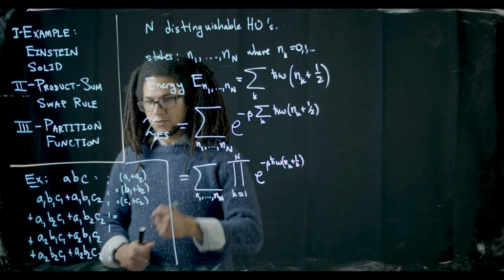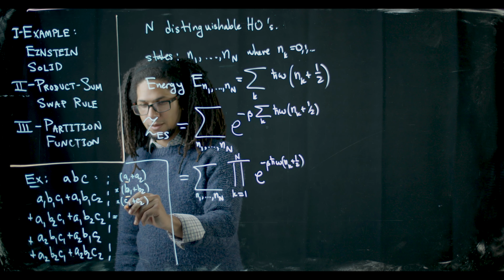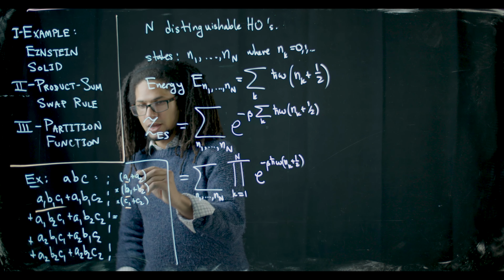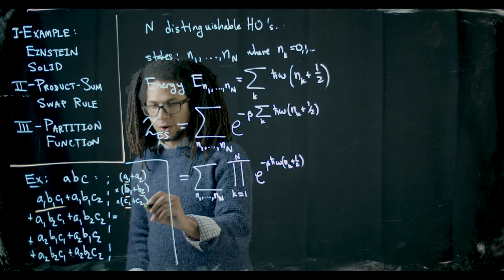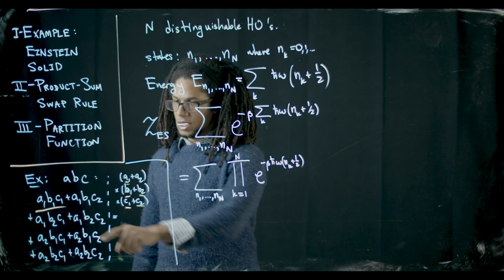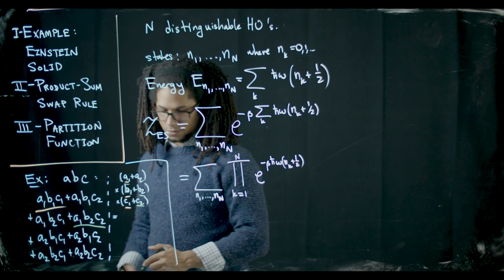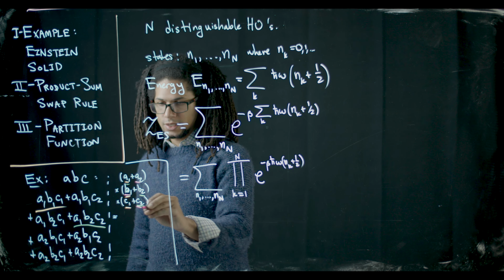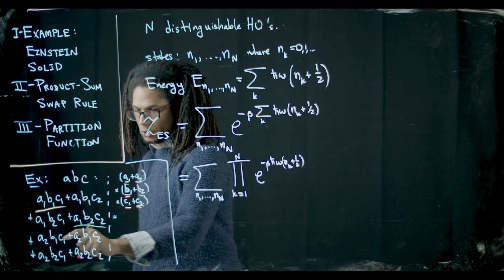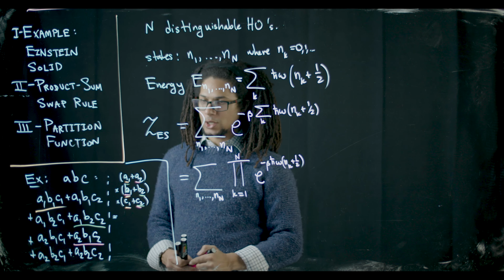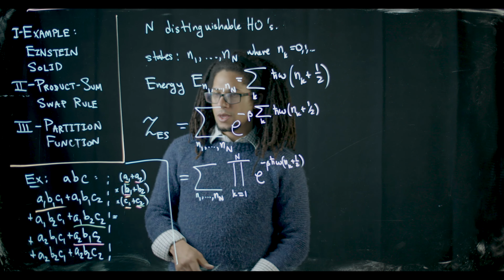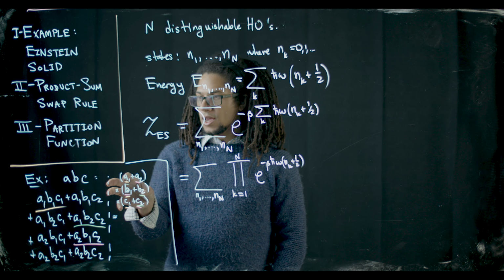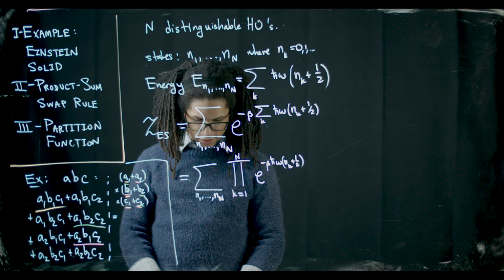So for instance, if we take the first one each time, we get this term. If we take A1 and then B2 and then C2, that's this term. If we take A2, B1, C2, we get that term. And so on and so forth. This product of sums is exactly the same as this sum of products.